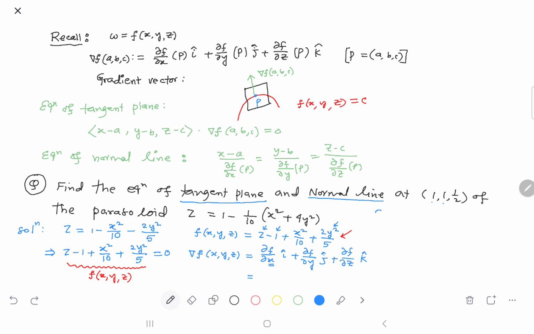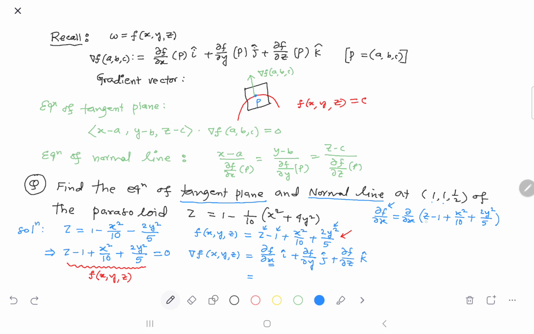Del f del x: you have to take del x of z minus 1 plus x squared over 10 plus 2y squared over 5. Now we are taking the partial derivative of f with respect to x. This means except x, all other variables are treated as constants.